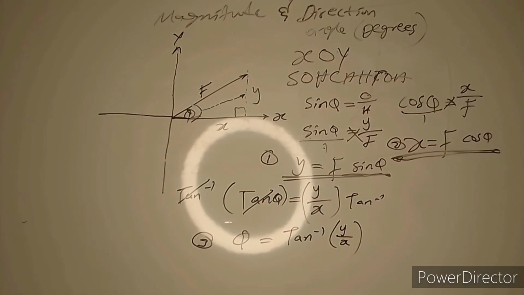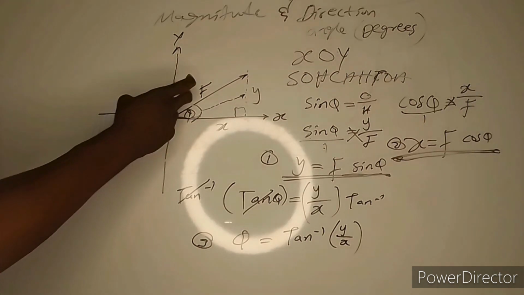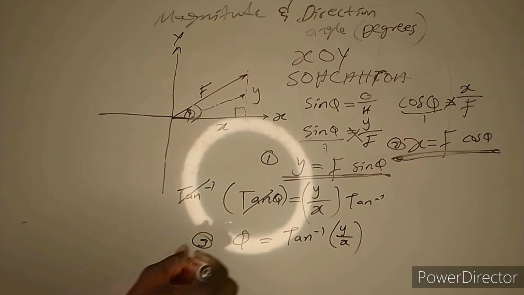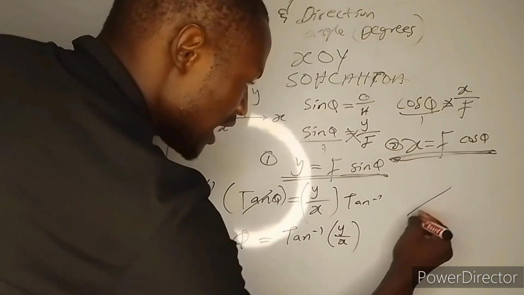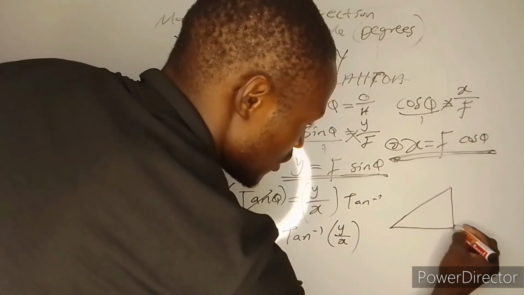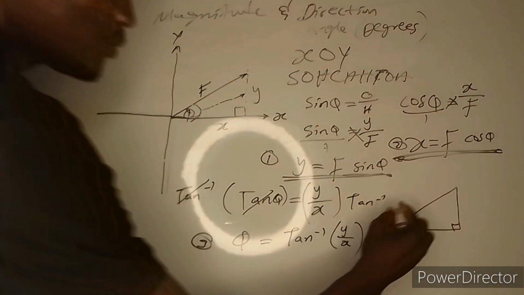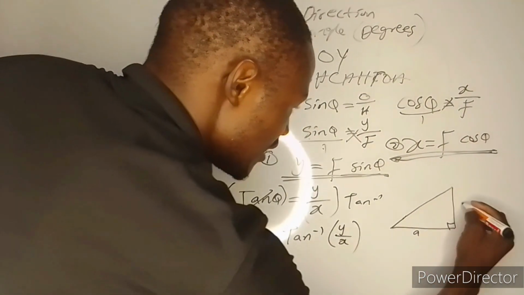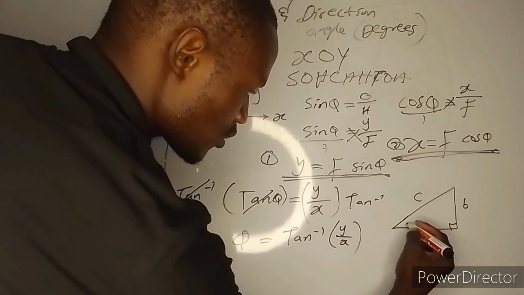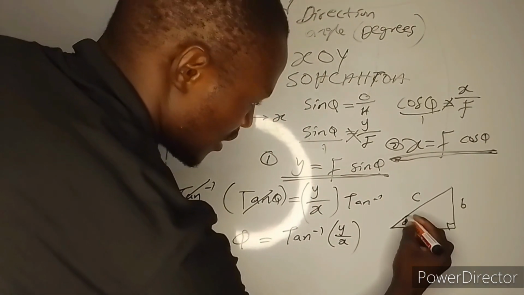So we want to find the magnitude of this force. Now, what are we going to do? It is really simple. Let us remember that if we have got a right-angled triangle like this one, assuming that this is A, this is B, then this one is C. Then we also have got a theta here.